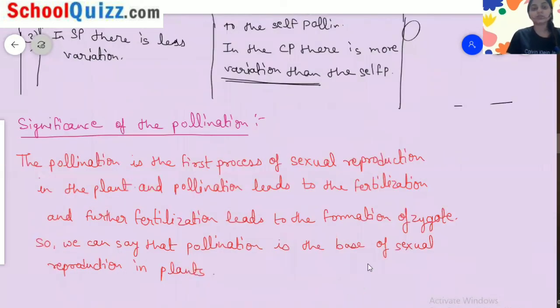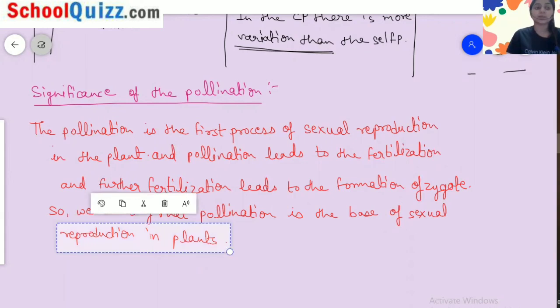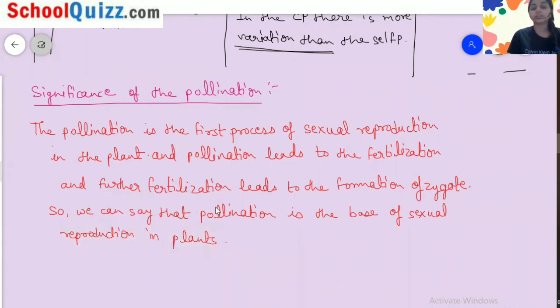And now we will move to the significance of pollination. You know that the significance is that it is the base of sexual reproduction. So you can close your answer by saying that pollination is the base of sexual reproduction in the plant. The question is all about sexual reproduction in the plant and pollination, so you should close the answer with that, because the question is asking for that.